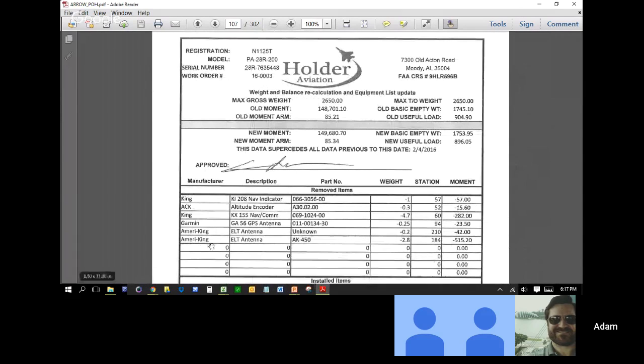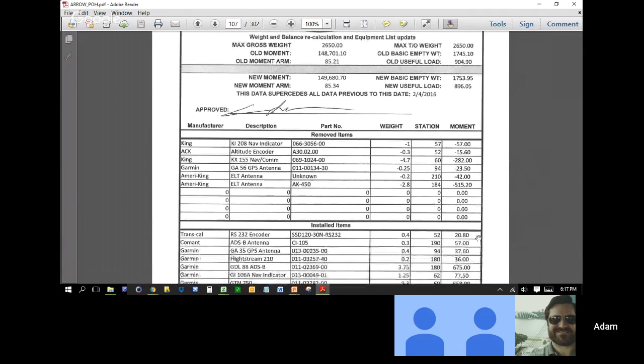You can see here in the list what was removed and what was installed. And then after all the work's done, the basic empty weight right up here in the top right of the screen was calculated. New basic empty weight, 1,753 pounds, 54 pounds. So each time the aircraft goes through a modification of any kind, it gets reweighed and is given a new basic empty weight.